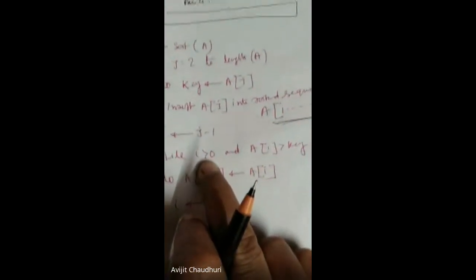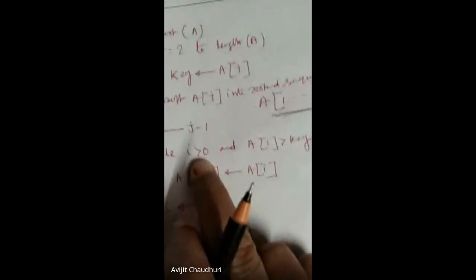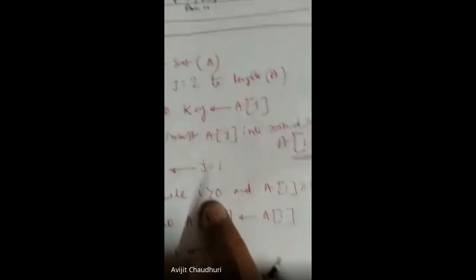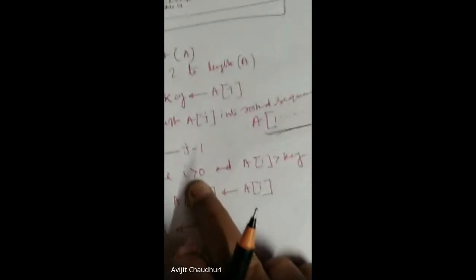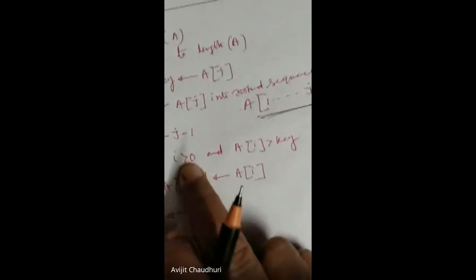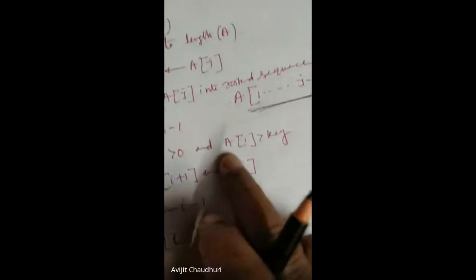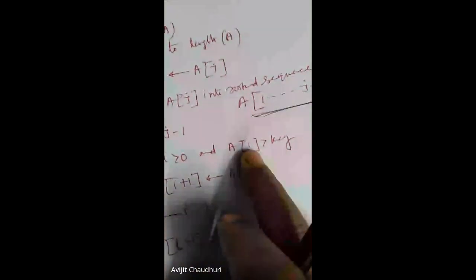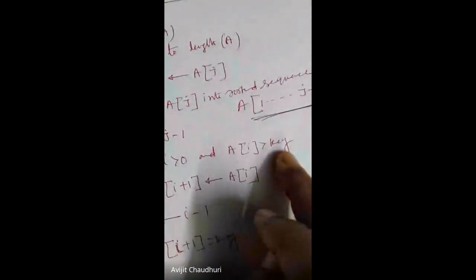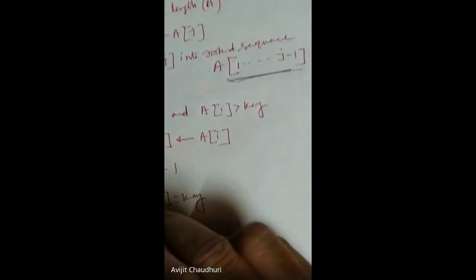While i greater than 0 means more than one element is there. If we have only one element, then it's already sorted, no question of sorting. If the value is greater than the key, whatever we have taken, we will swap.